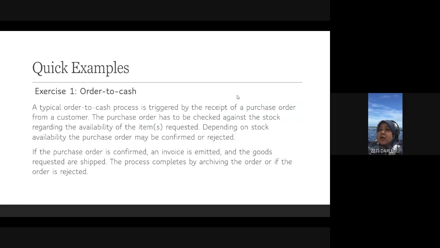Depending on stock availability, the purchase order may be confirmed or rejected. If the purchase order is confirmed, an invoice is emitted and the goods requested are shipped. The process completes by archiving the order or if the order is rejected. So this is the scenario for order to cash.